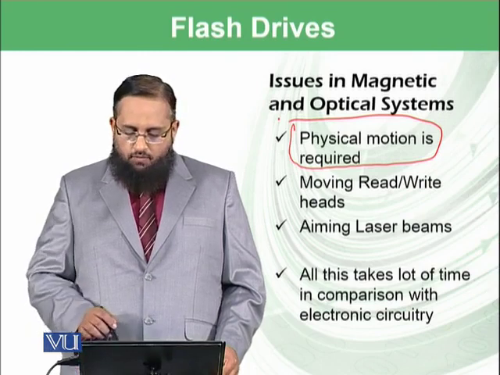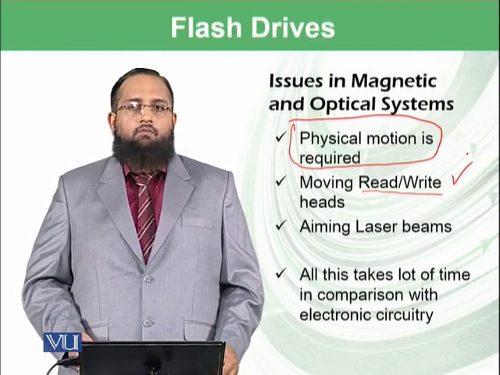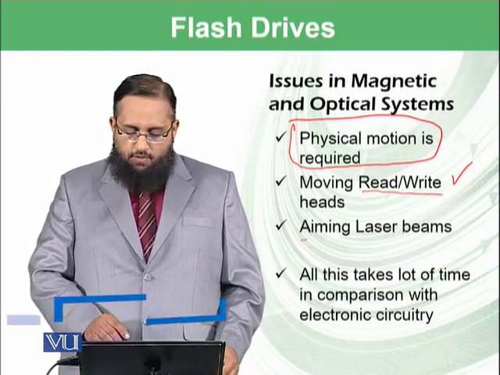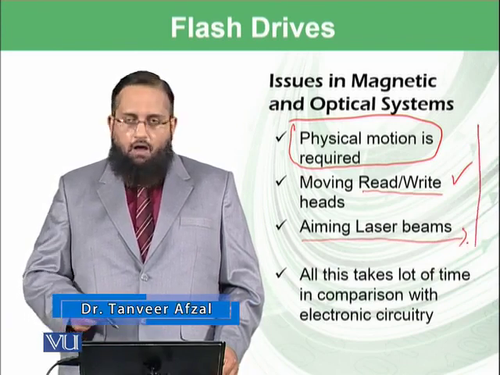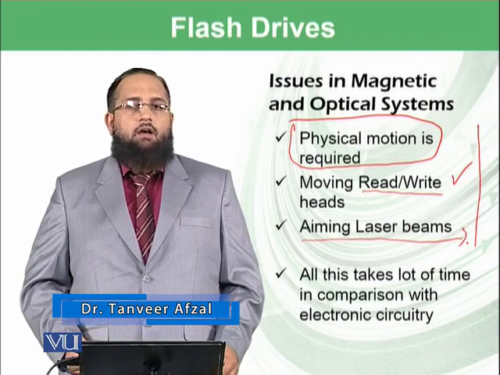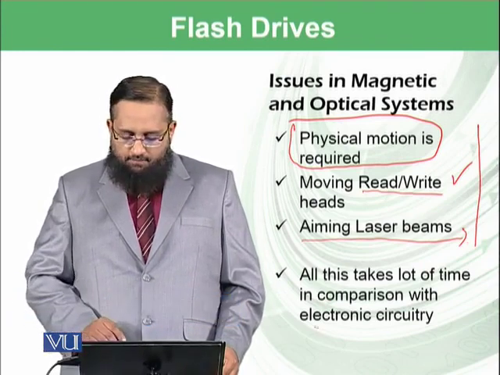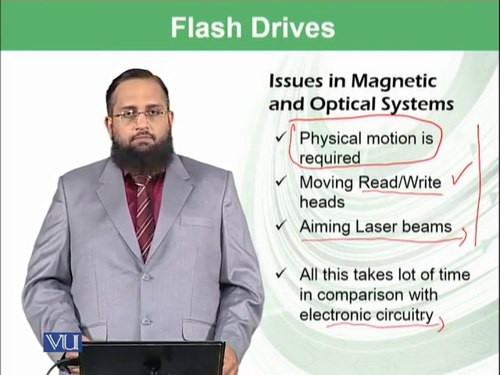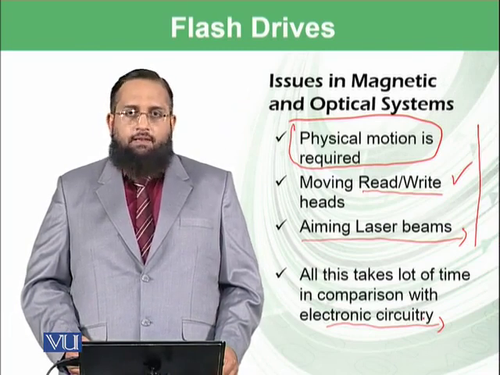And we also need to move the read-write heads when we used magnetic systems. And we also need to aim the laser beams. So all of these operations are not compliant with the electronic circuitry which we have in our computer. So we want something in which we could store data electronically.